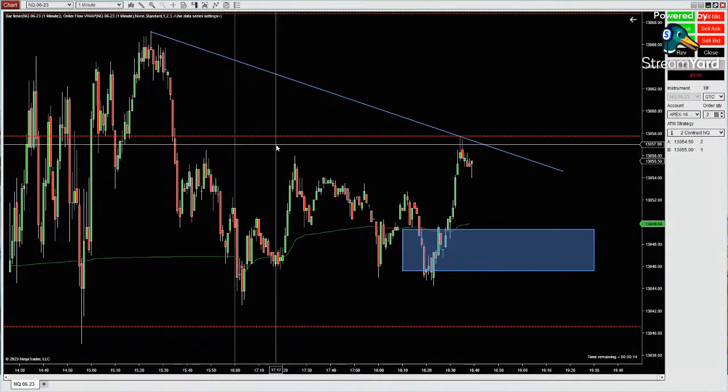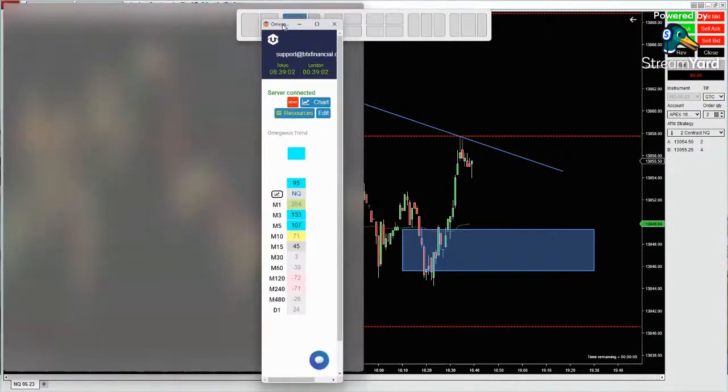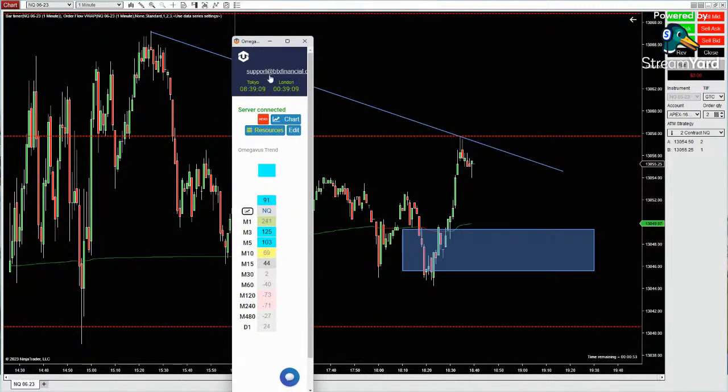This is the Nasdaq. Looking at the 1 minute chart, I have the 5 minute on my other screen, and then I also have my volume indicator, which is this. Basically, this tells me which way the market is going to go.